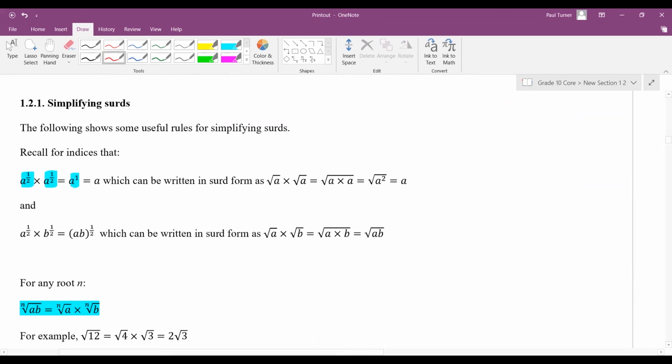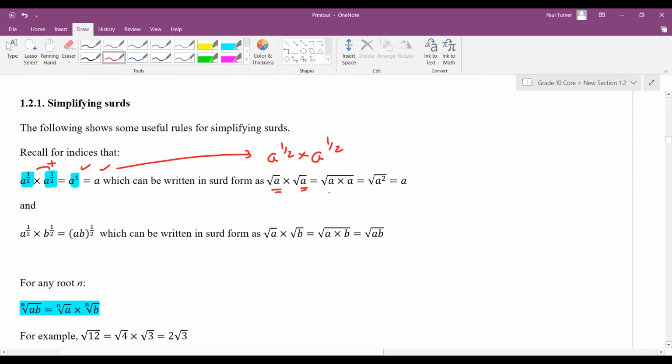We remember we add these powers and we'll get a to the 1, which is a. And you can write it in this form because a to the half is the same as root a. And you've got root a here, which is a to the half. You can write them in radical form like this.